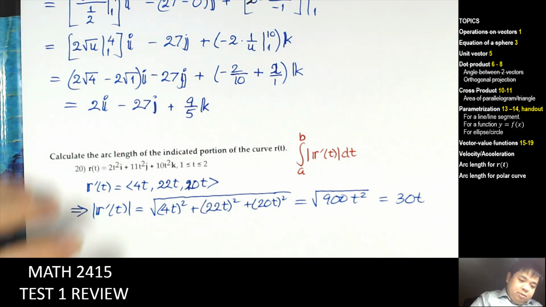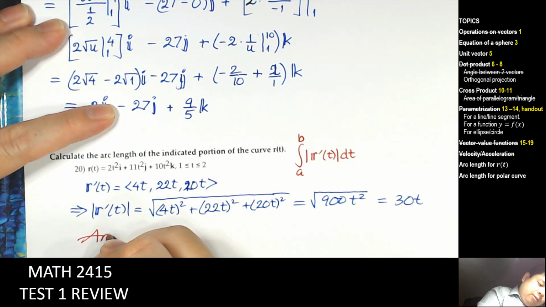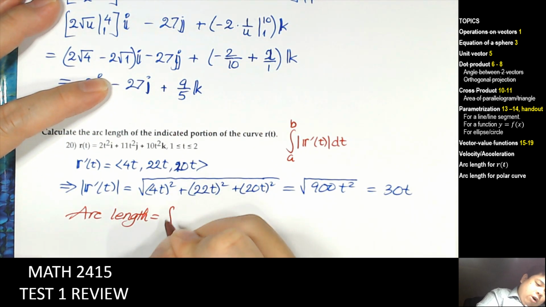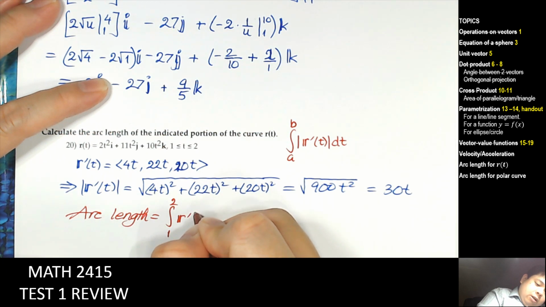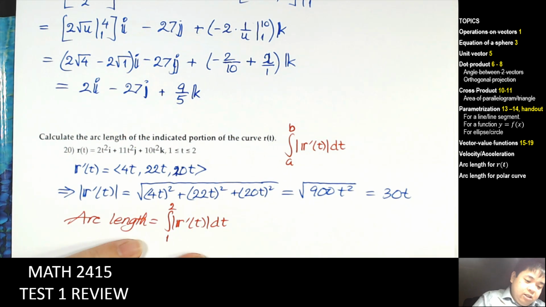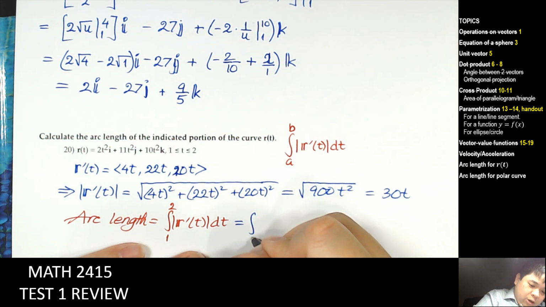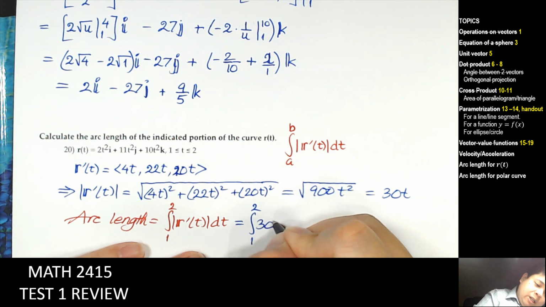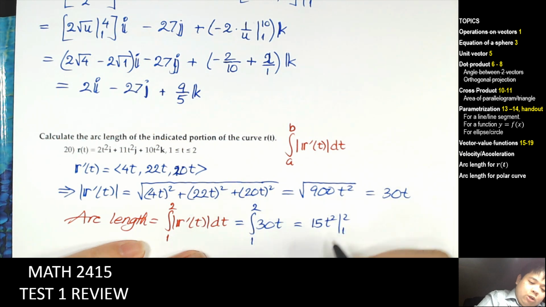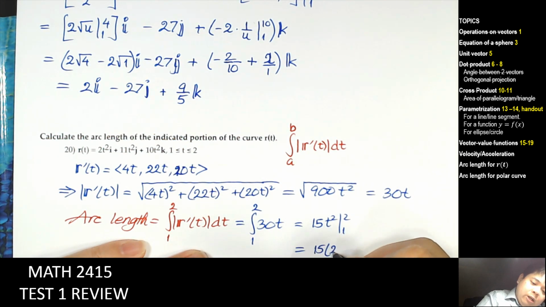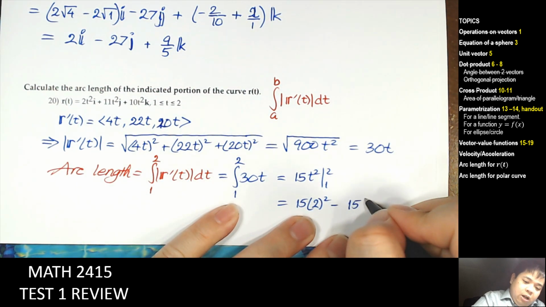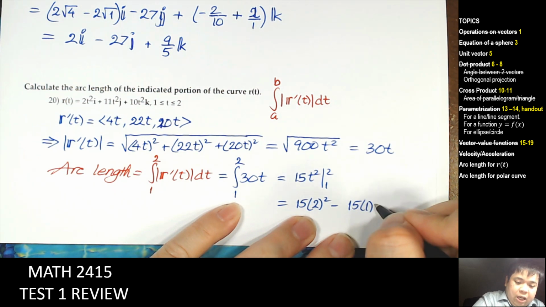So the arc length is the integral from 1 to 2 of the magnitude of the tangent vector, so from 1 to 2 of 30t equals 15t squared, 1 to 2: 15 times 2 squared minus 15 times 1 squared.